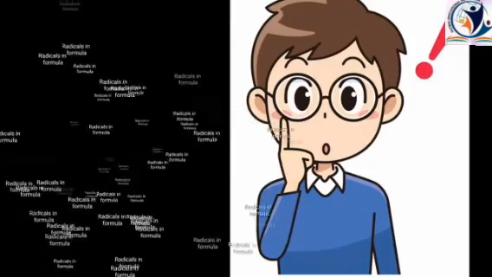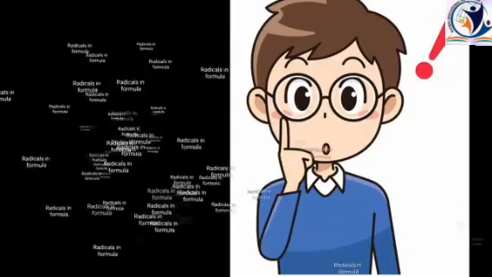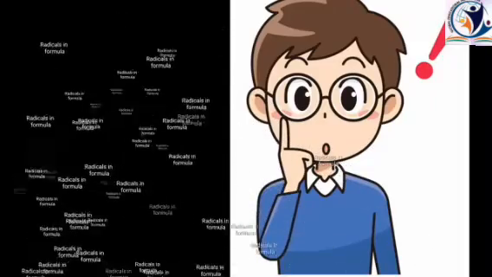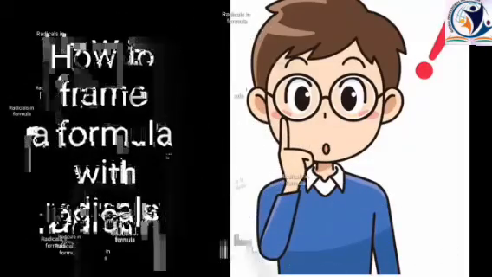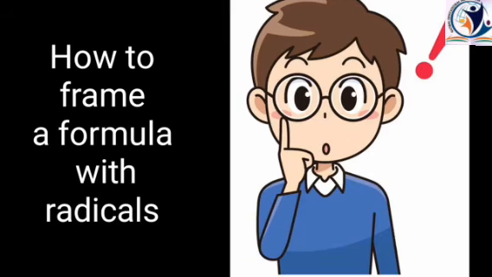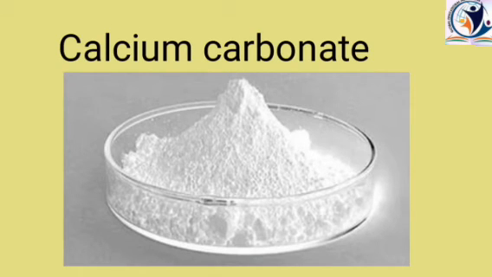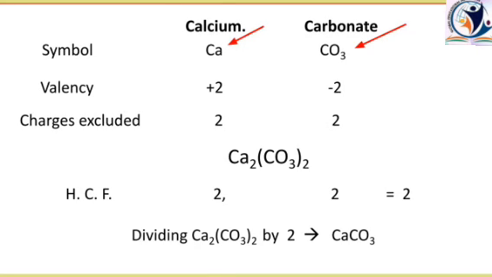Now here we will be seeing how we name the different formulas according to the radicals present in them. For example, calcium carbonate. Symbol of calcium is Ca, carbonate CO3. Now we will write the valency as we have learned before.